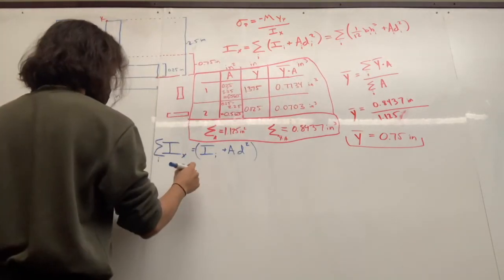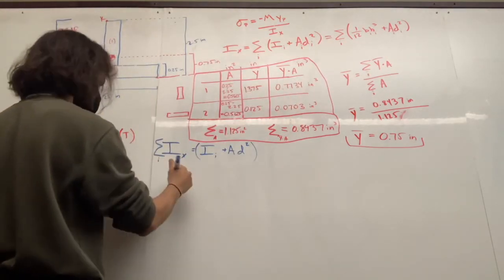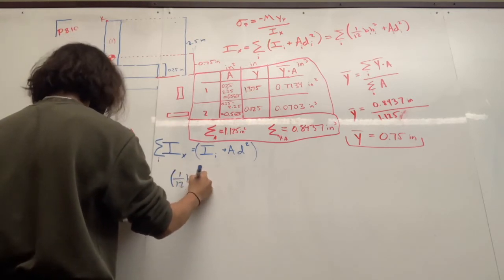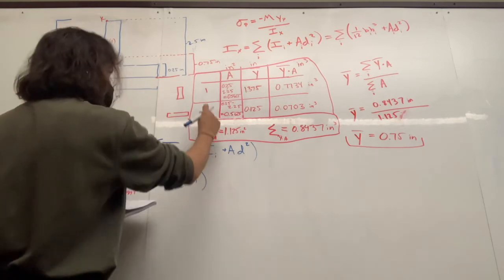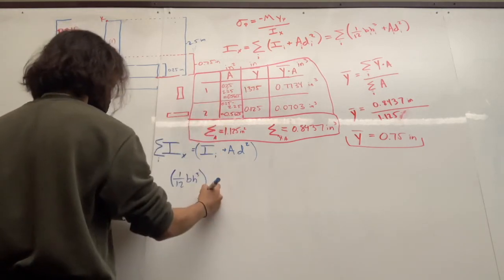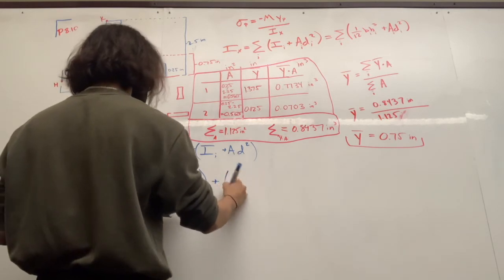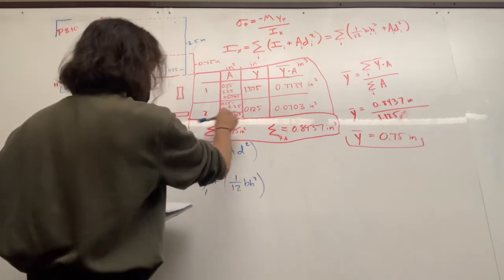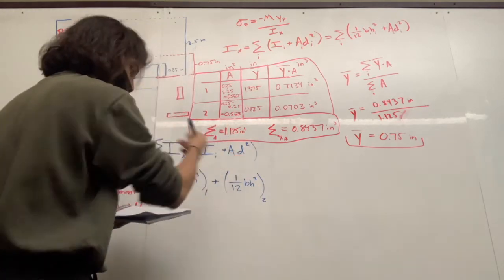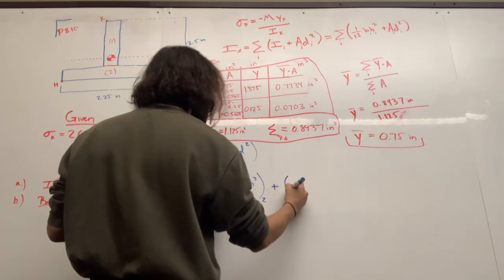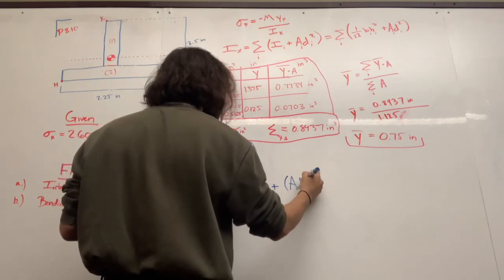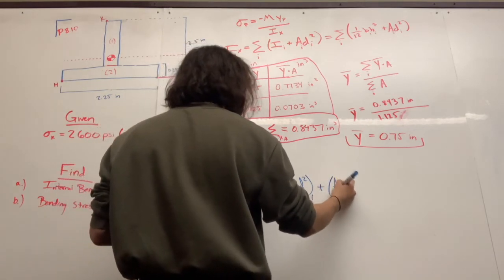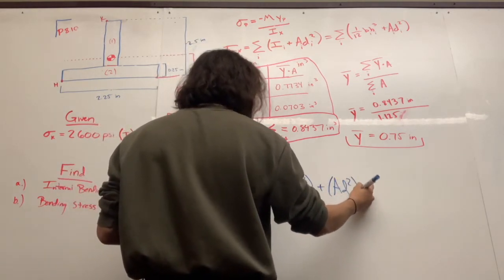Since it's a summation of the shapes, it's 1 over 12 BH cubed for rectangle 1, plus the same term 1 over 12 BH cubed for rectangle 2, and then plus the area times the distance squared for rectangle 1, plus the area times the distance squared for rectangle 2.